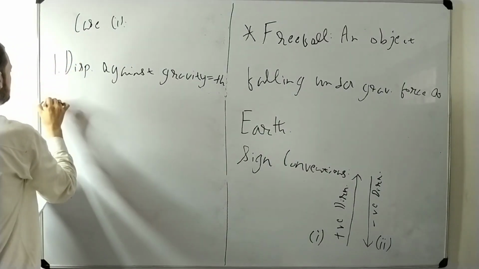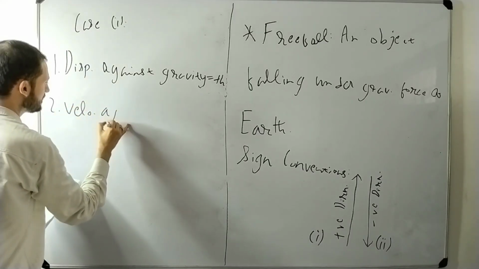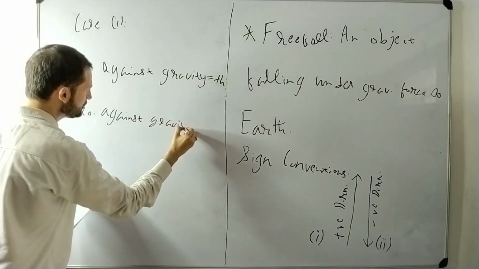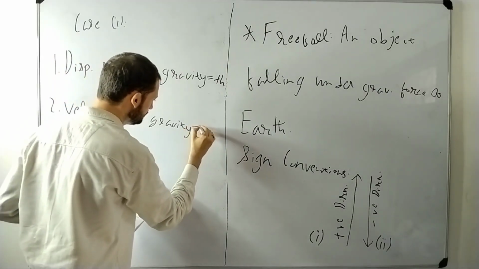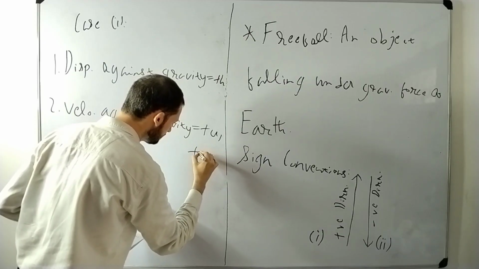Second, this is the first case. Second, velocity against gravity, whether it's initial or final, is taken to be what? Positive u, very nice, and positive v, positive final velocity.